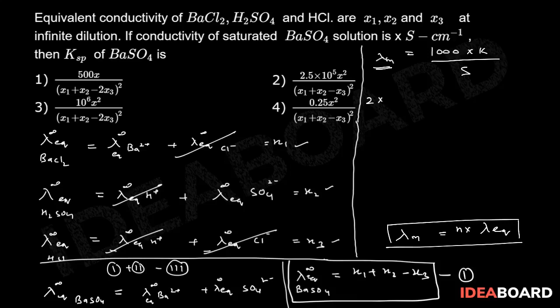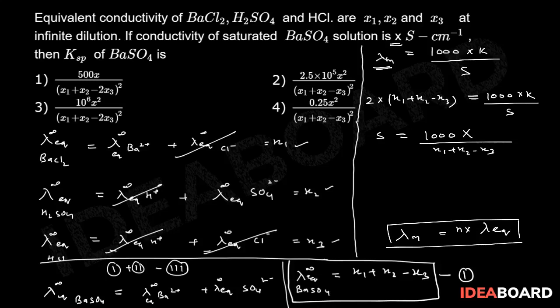So 2 into lambda equivalent, which is X1 plus X2 minus X3, is equal to 1000 into K divided by S. So S is 1000 into the value of K, which is X as given in the question, so this is 1000X divided by X1 plus X2 minus X3. This is the value of solubility.